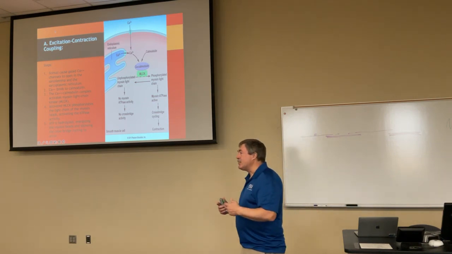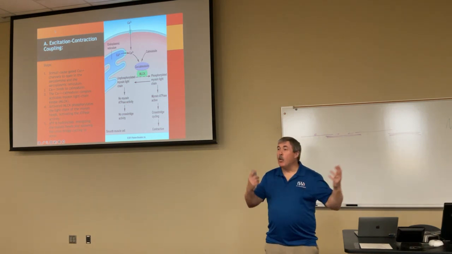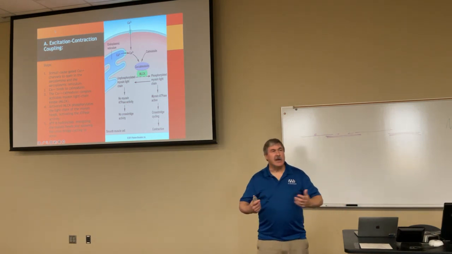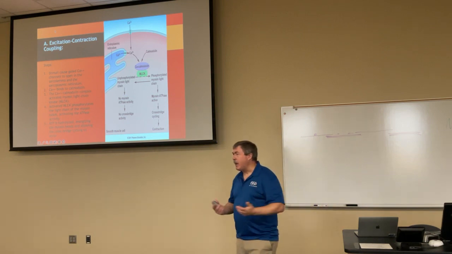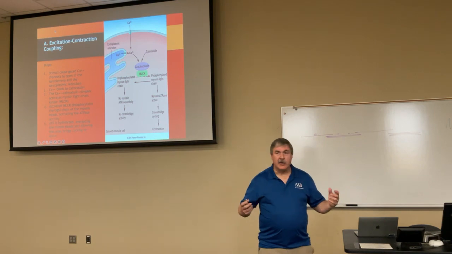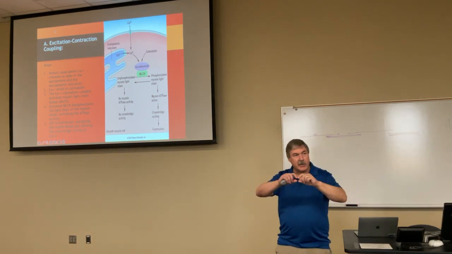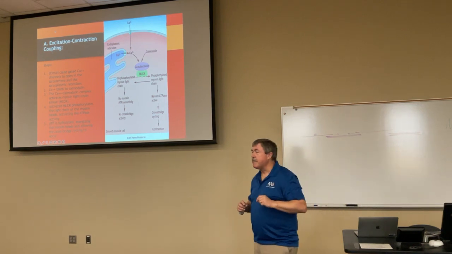I'm sure this is clear as mud, but one question you might have is, what are these chains that we're talking about? Well, this myosin light chain is actually a chain of amino acids that's part of the structure of myosin.